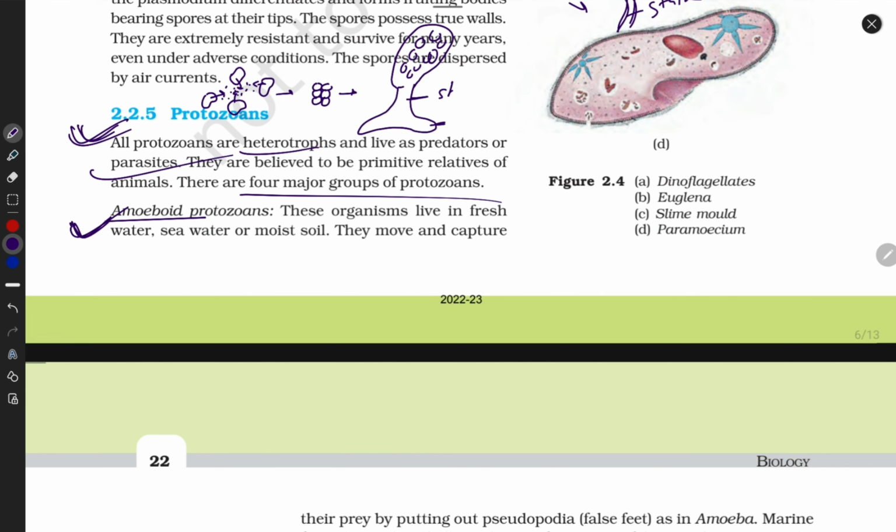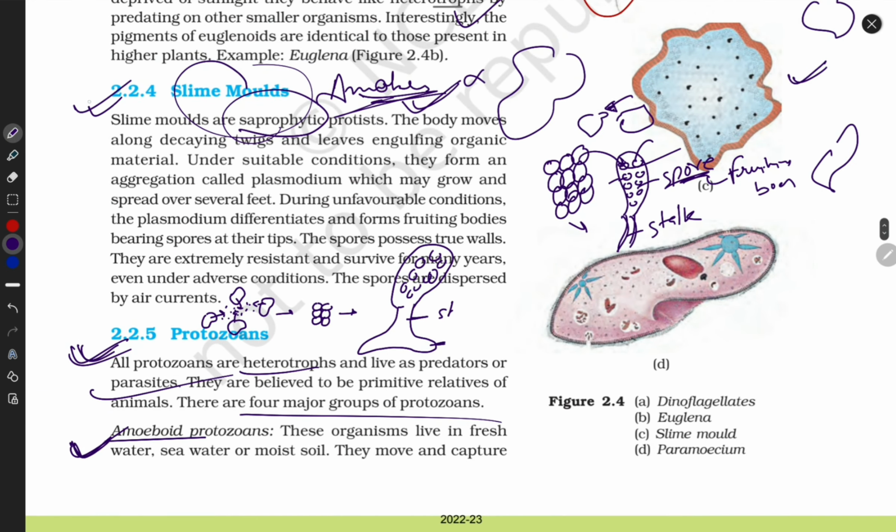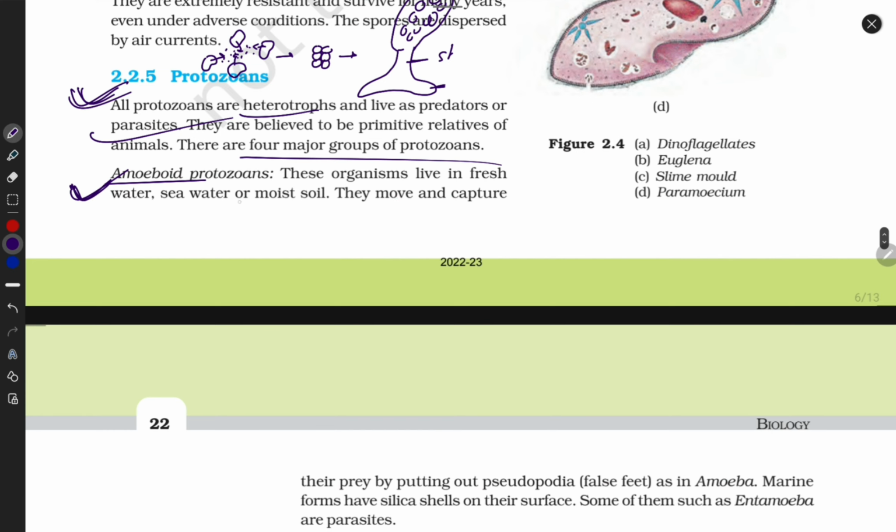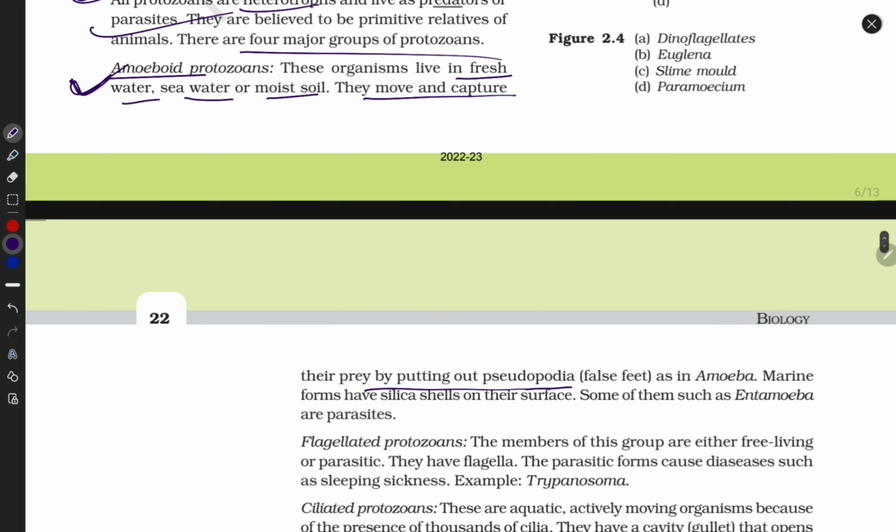We put it into protozoans, but they look like amoeba. Now where do they live? They can live in fresh water, sea water, moist soil. They move and capture prey with the help of pseudopodia. They don't have legs, so if they want food, they make their false feet and move towards the food direction, and then they capture it.